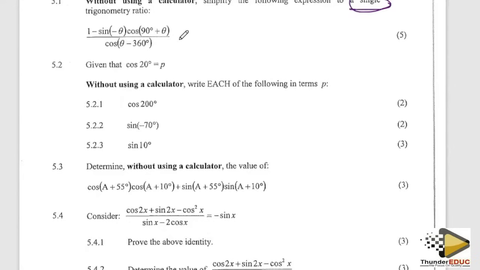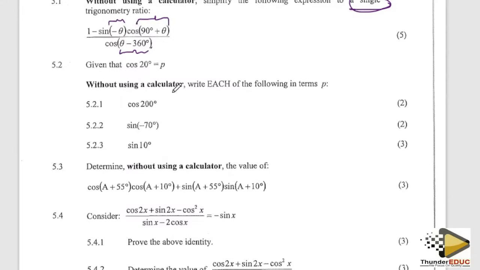So I have 1 minus sine of negative theta, cos of 90 plus theta, over cos of theta minus 360. What do I see? Okay, so I can see some element of complementary angles. I can see a reduction part given this. So if I can play around with that, then I'm good to go.